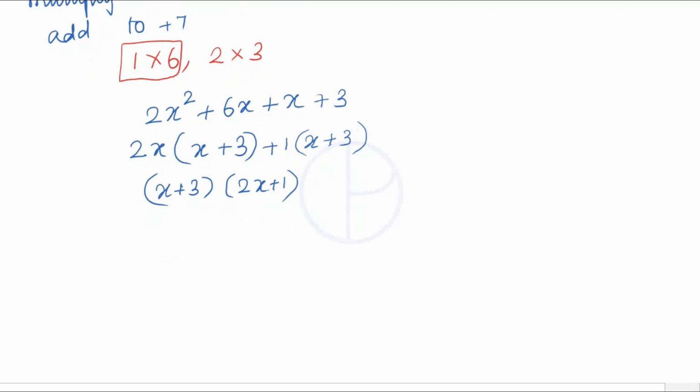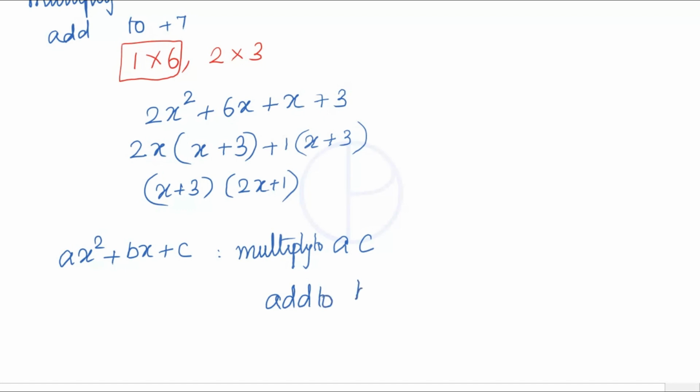So remember, ax square plus bx plus c is the general form of the quadratic expression. Okay. So in this, it is multiplied to ac and added to b.